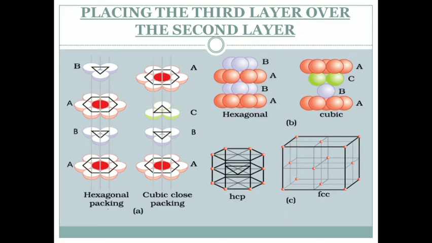Here you can see this is hexagonal close packing and this is cubic close packing. And here you can see also cubic, that is ABC type, and this is hexagonal close packing. This is FCC.